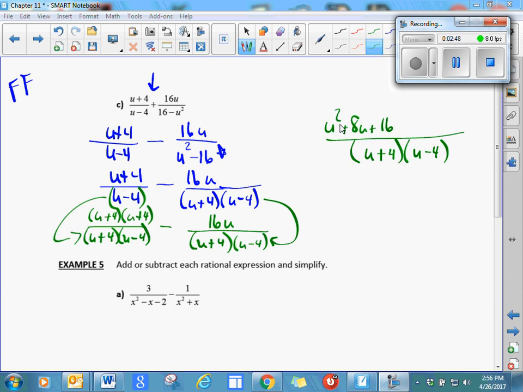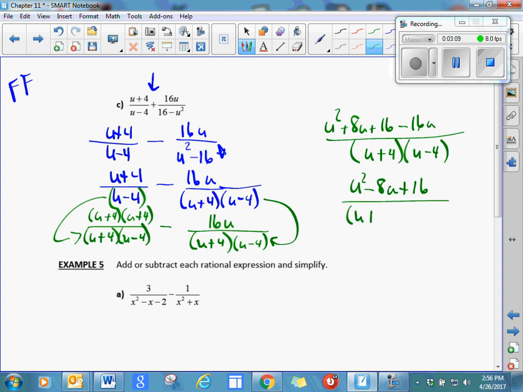Okay, so I've got u squared plus 8u plus 16 for this numerator, and then I've got minus 16u on the back end. So I can continue to collect like terms, and I have u squared minus 8u plus 16 all over u plus 4, u minus 4.